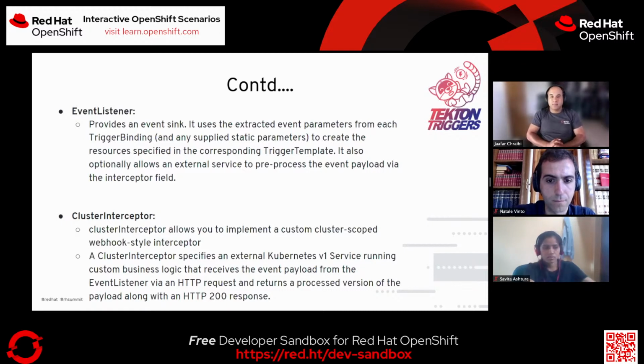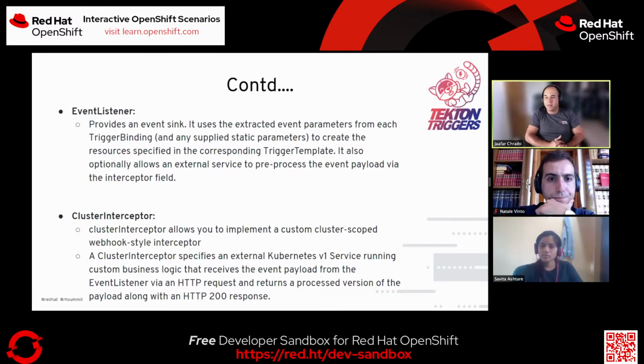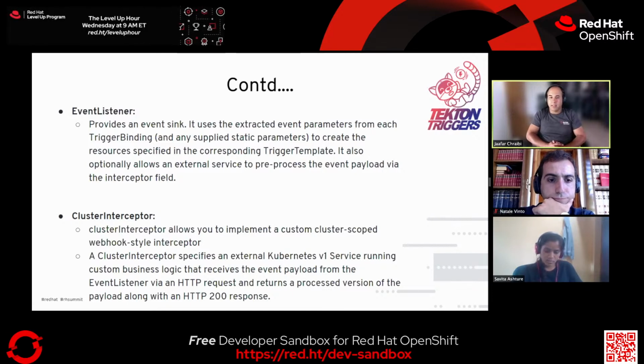So if you need something in addition to those interceptors, you can define your own using a cluster interceptor. Okay. This is funny because it reminds me that a few years ago I was trying to implement this kind of CI/CD with GitHub, and they used to provide a bot called Probot.